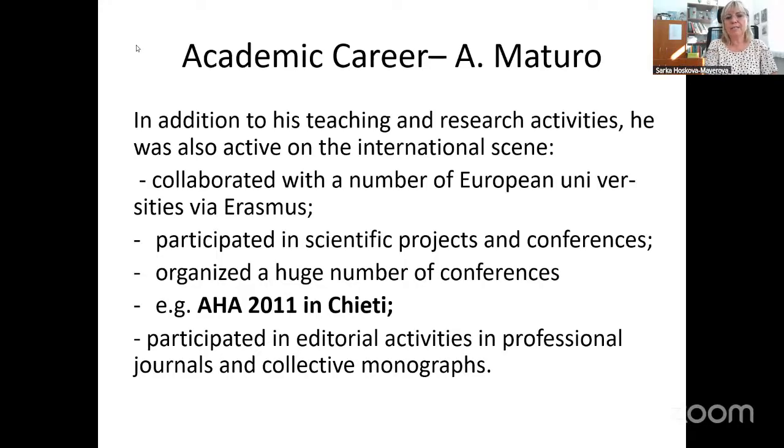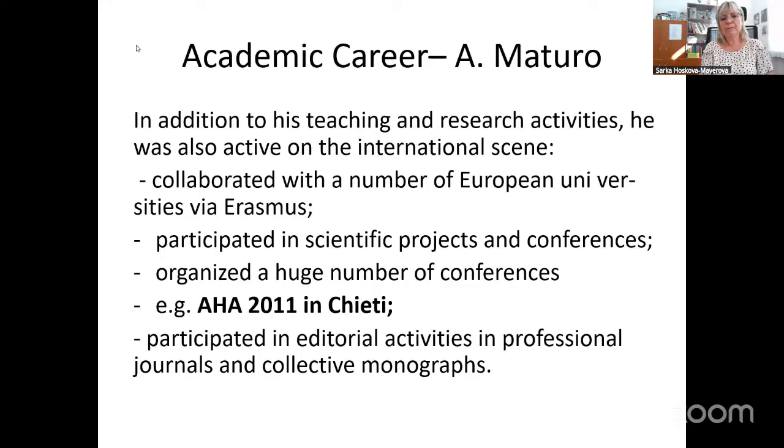In addition to his teaching and research activities, he was also very active on the international scene. He collaborated using Erasmus in various European or mainly European universities, not only European because he liked traveling. So he was in various parts of the world, and his wife Angelica accompanied him on these trips.